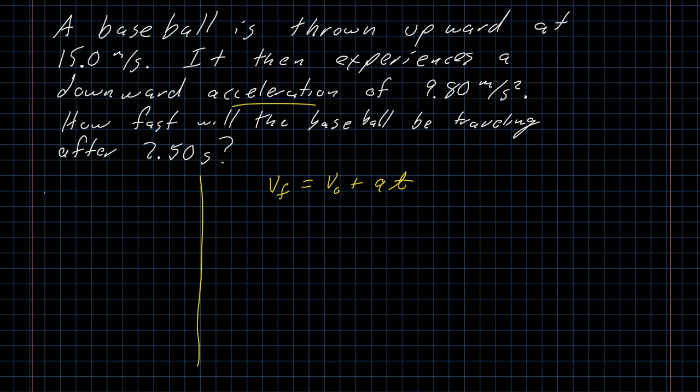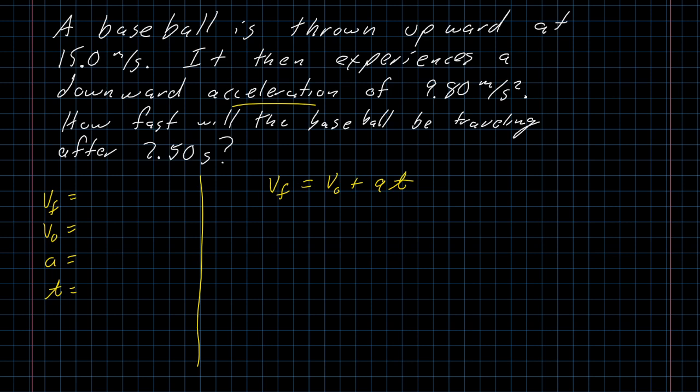So let's go ahead and write down all of those variables. A baseball is thrown upward at 15 meters per second. That sounds to me like the speed at the start.